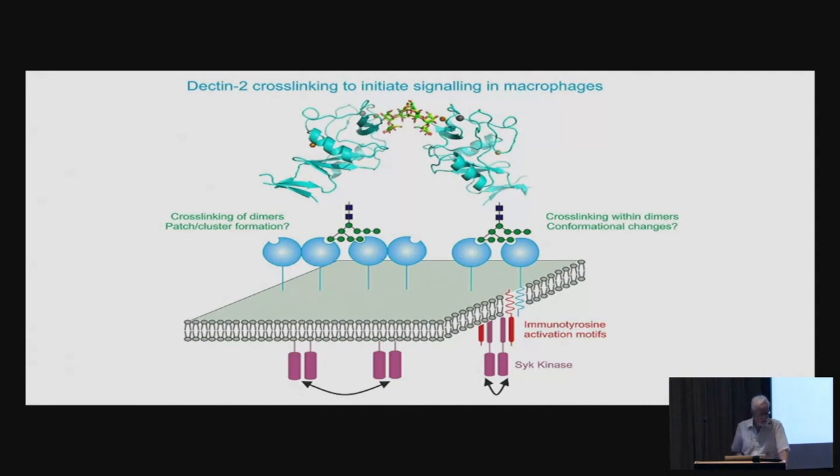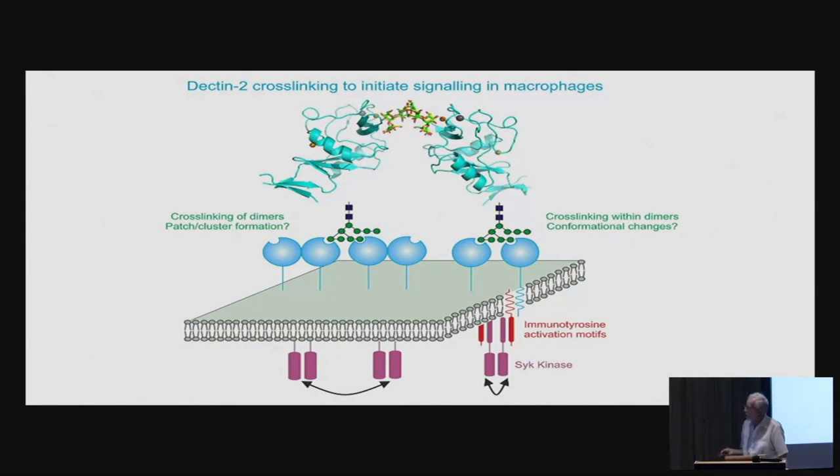And the final thing then to say is there is some hope from this, which is that we think we can start to understand some of the types of signaling interactions, thinking somewhat the same way as with the Siglecs. But what I want to emphasize is that there would be two kinds of ways you could think about a ligand interacting with one of these receptors that contains two C-type lectins and one of these Syk kinase binding domains, very much like in the Siglecs.